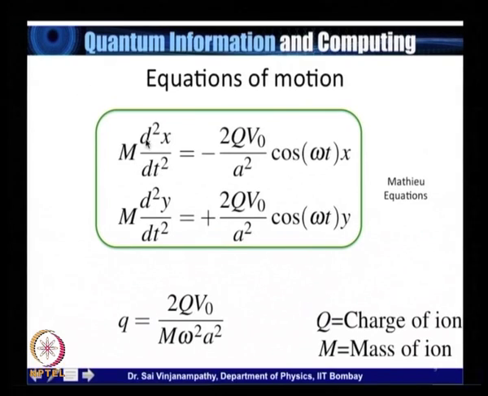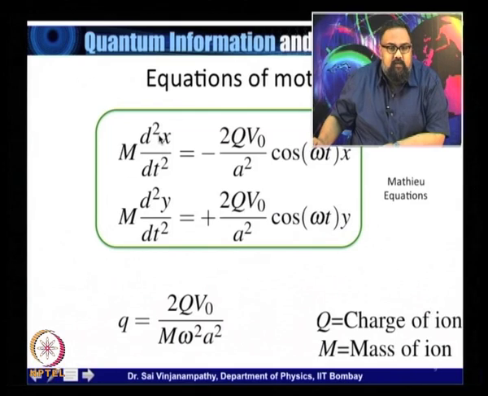I'll describe these equations to you. The differential equations have the familiar form of d squared x over dt squared is proportional to x, and d squared y over dt squared is proportional to y. But there is an additional time-dependent term which is cosine of omega t that enters both equations.